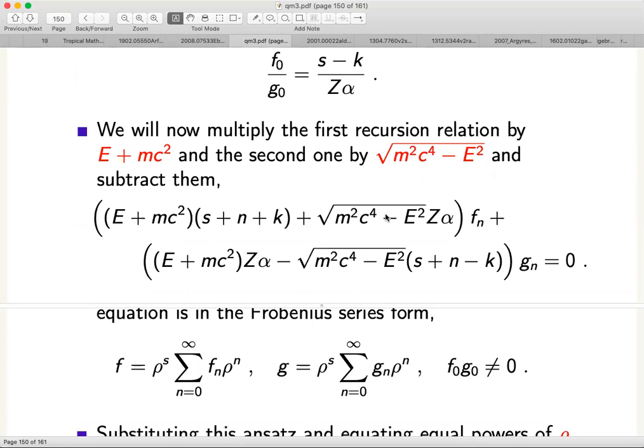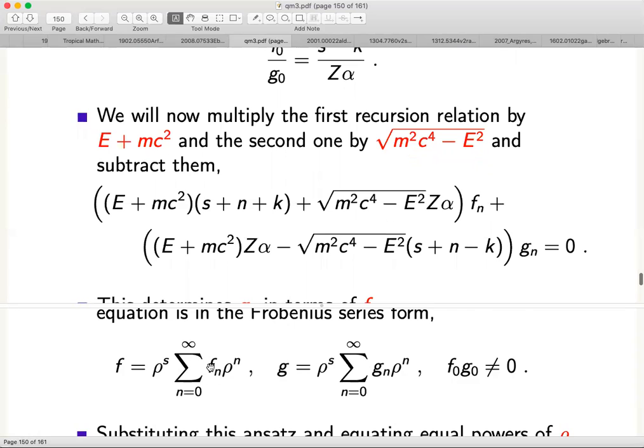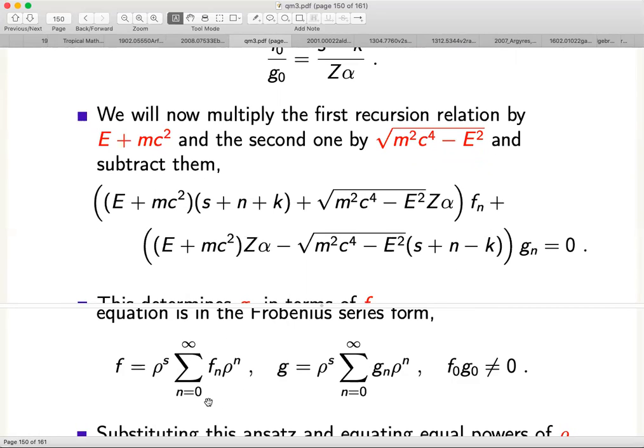It takes some effort to solve, but you can solve it. The problem is that if you demand that all fn's and all gn's are non-zero, then you could ask what the large rho behavior of the final solution is.